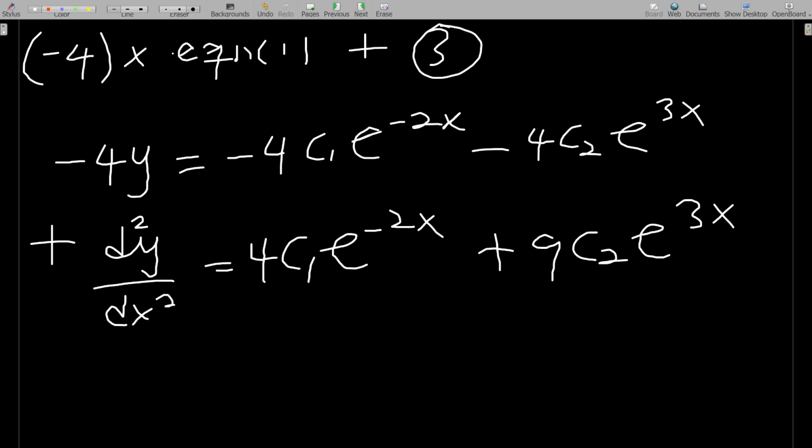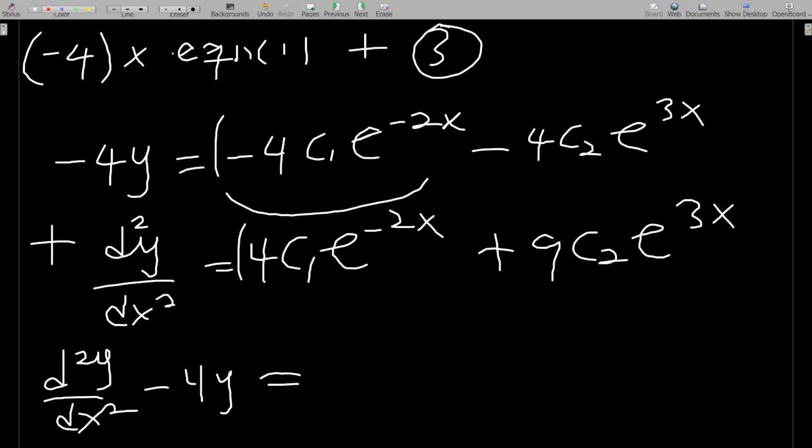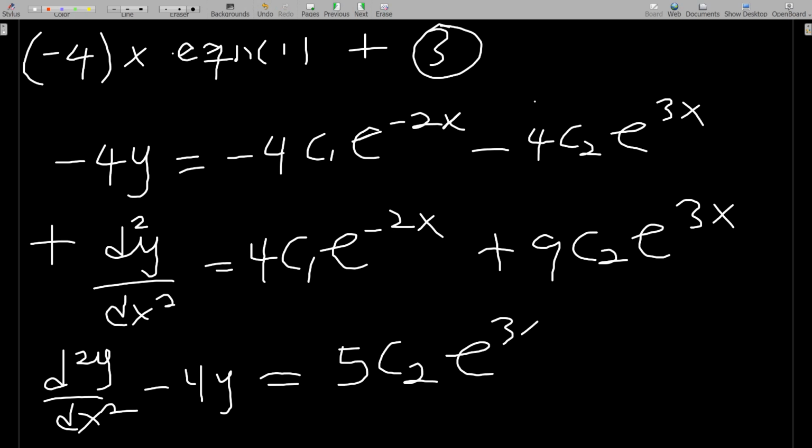When you add the left side of both equations, you get d squared y dx squared plus negative 4y, which will be minus 4y, and then you add the right side of the equations. Now realize that this is minus, this is plus. When I add them, I get 0. And when I add these, negative 4 plus 9, that will give me 5c2 e to the 3x.